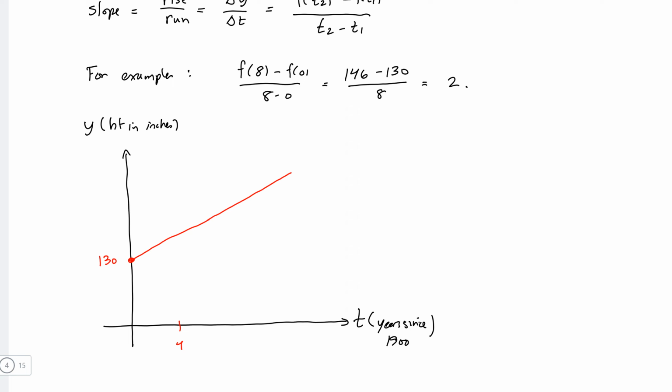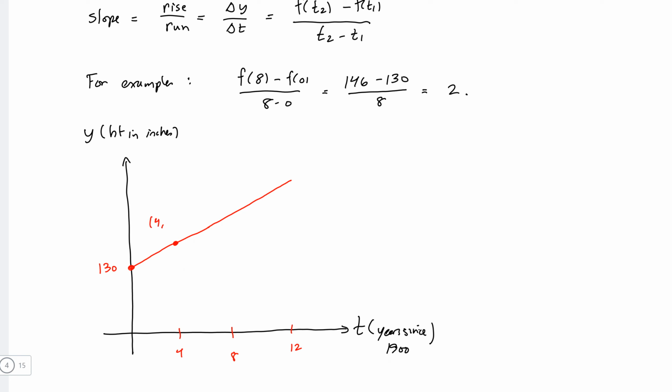So if we go over here at 4, 8, and 12, we know these values. So this point here should be 4, 138. This point here is 8, 146. And the point here is 12 and 154.